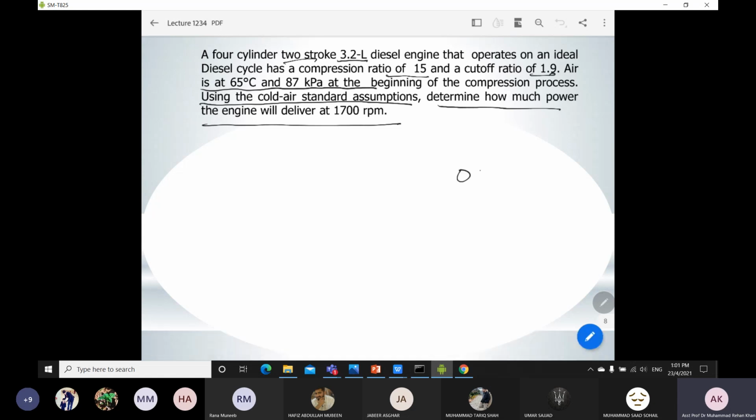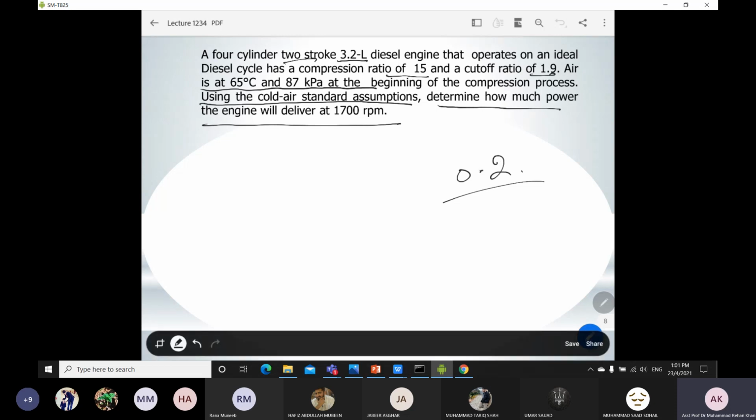Again, you will get 0.2 absolute marks for all the students who send me a clear presentation of their work. If you have any question, you can ask me, or you can note down the question as well.